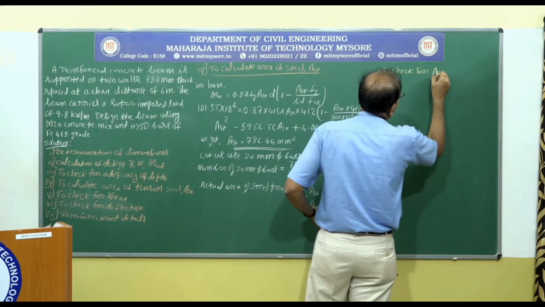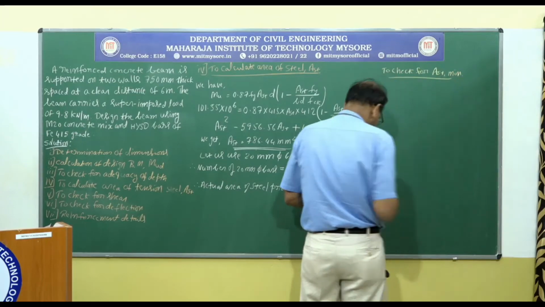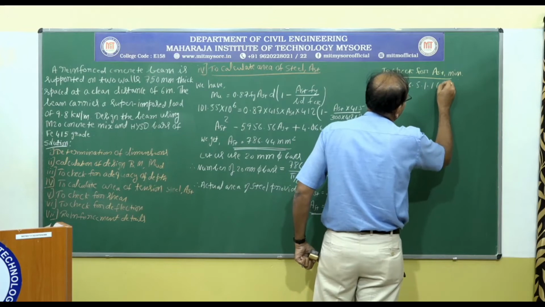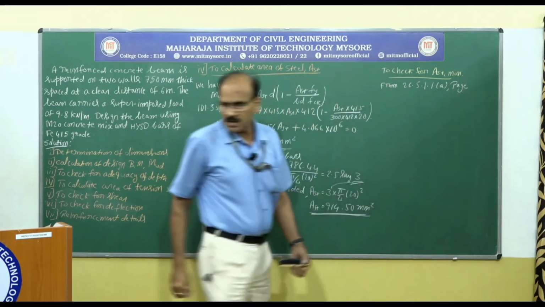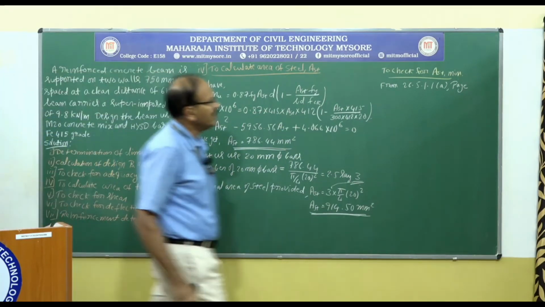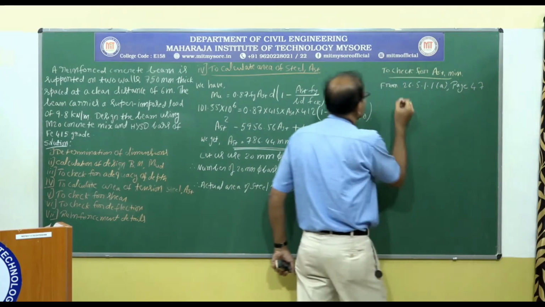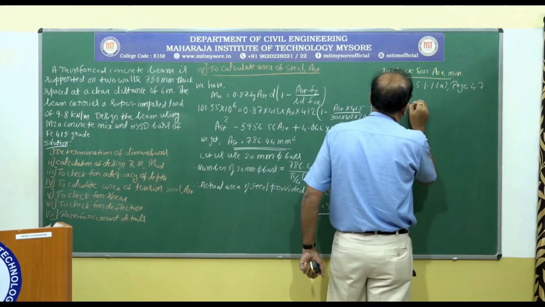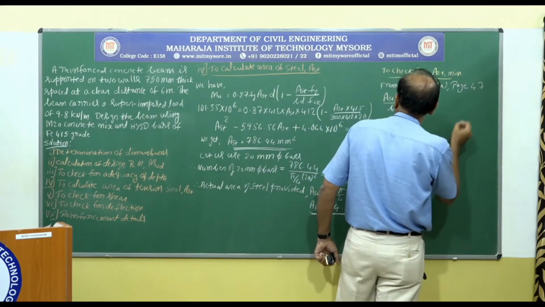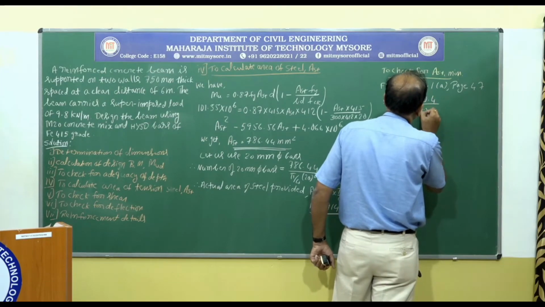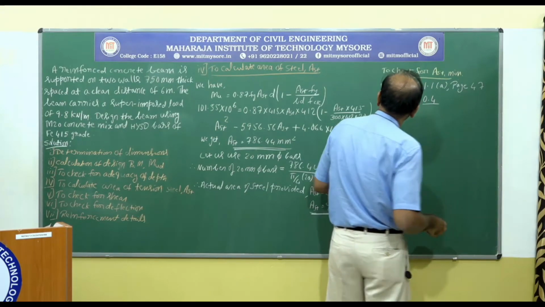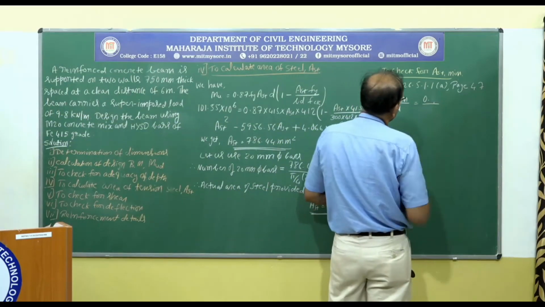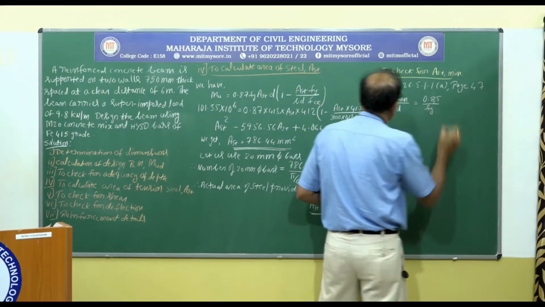Next thing is we have to check for Ast minimum and Ast maximum. Check for Ast minimum. So from 26.5.1.1a, page, I think it is page 47, we have Ast minimum divided by bd equal to 0.85 divided by fy.